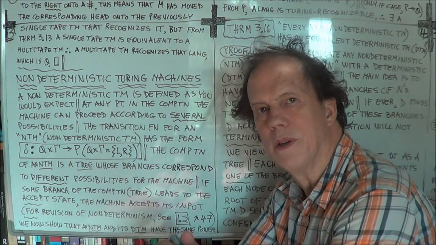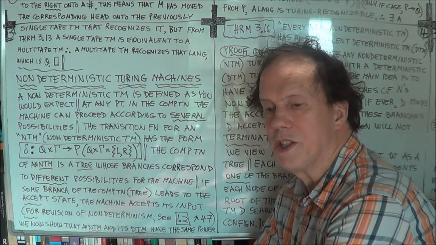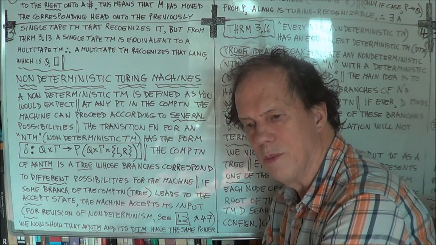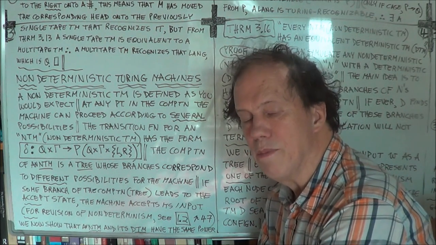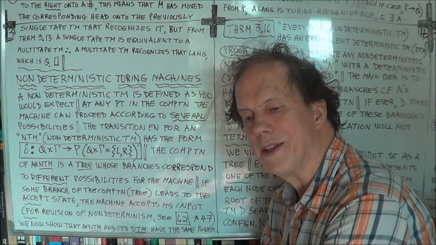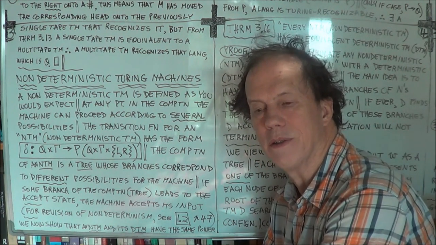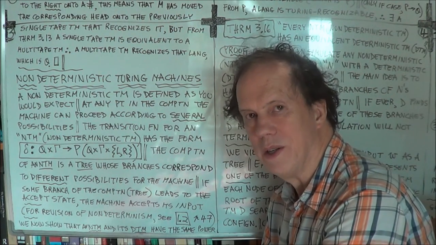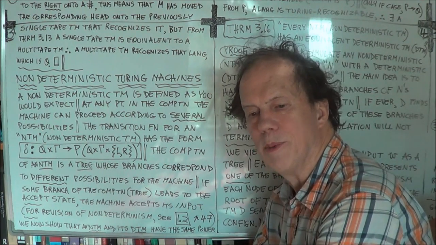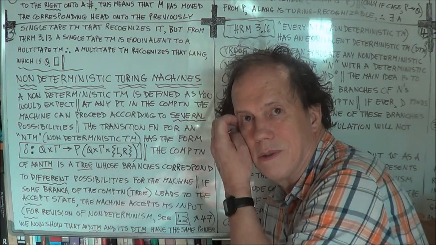In this case, it'd be the input symbol in the input string, and the output is just the next state. Okay, so in that context, non-determinism just meant you had more than one next state, right? When you only have one next state, well, then what you do next is determined, right? It's specified. There's only one next state. So in the context of finite automata, non-determinism simply meant there's more than one next state. That's all, right?